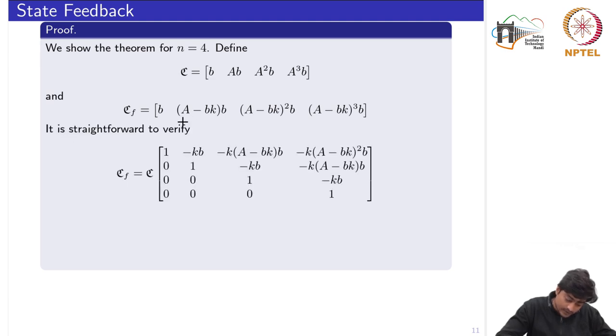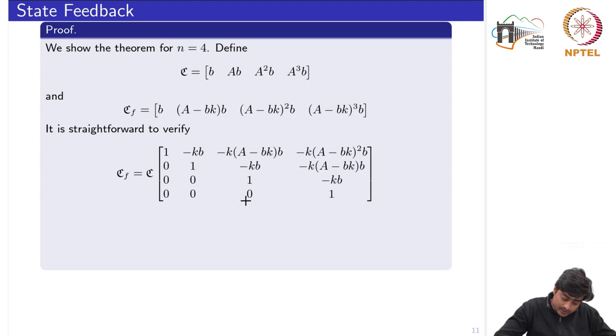It is straightforward to verify that the controllability matrix of the feedback system can be expressed as the multiplication of the controllability matrix of the plant and an upper triangular matrix. You can see some similarity between this matrix and some of the matrices which we have discussed in the tutorial problems part 1 and part 2 of the controllability week.